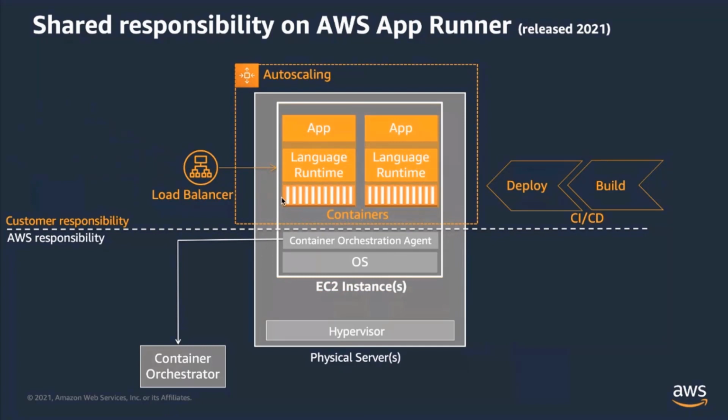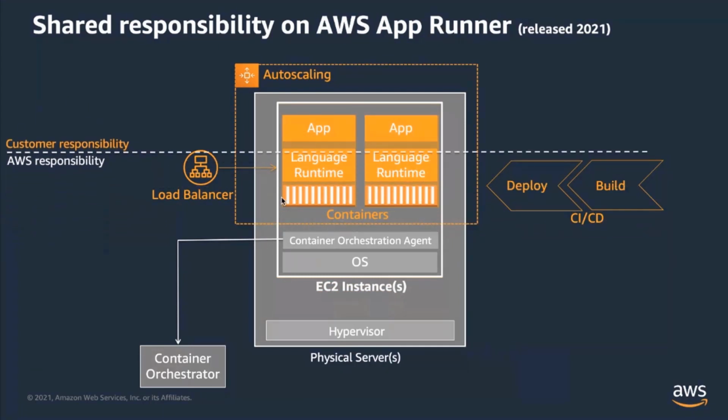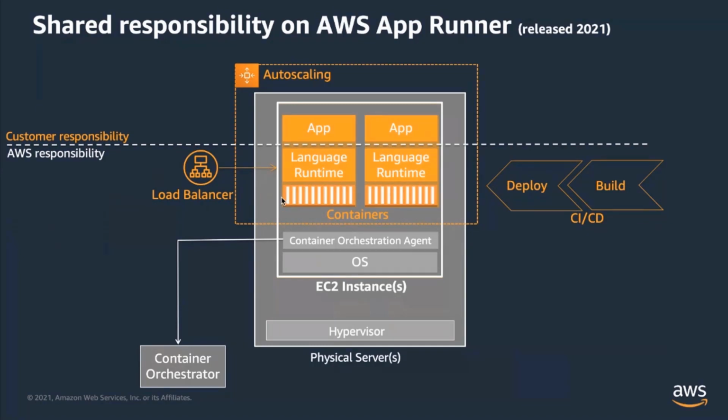And now with App Runner, what we're doing is we're raising that boundary line even higher. So not only are we handling the VM layer, the EC2 instance layer of the fleet, we're also taking over responsibility for actually deploying and running your containers and the language runtime that's within them, keeping that patched and up to date and secure.